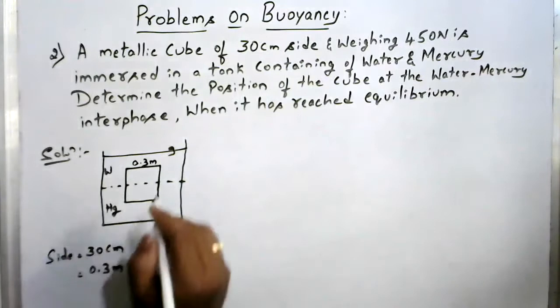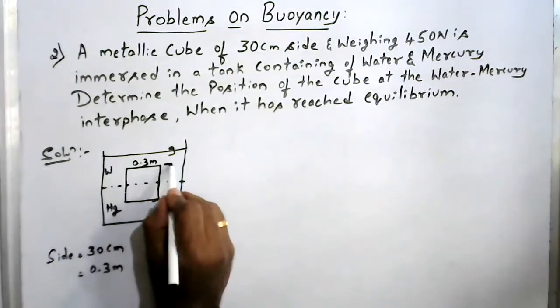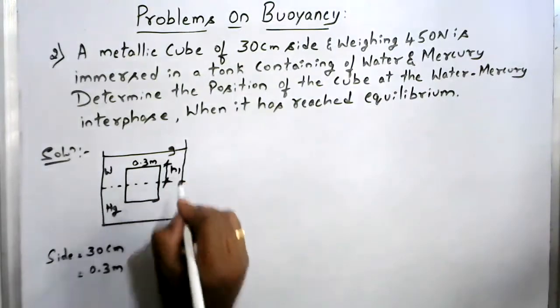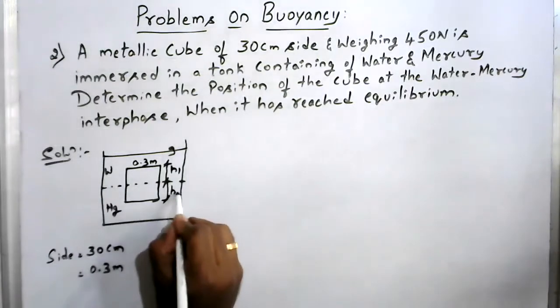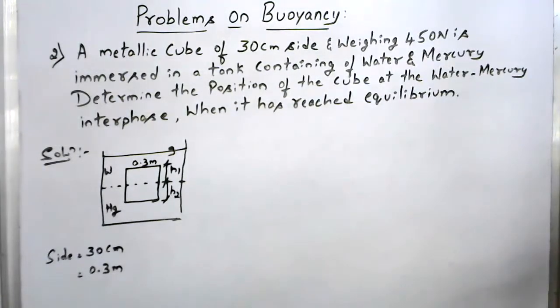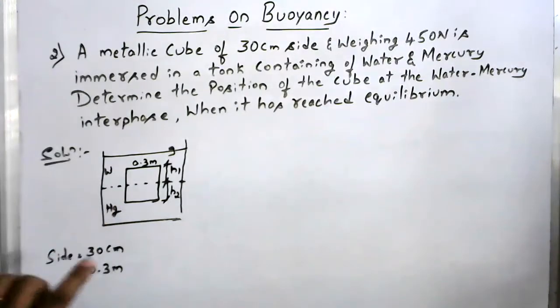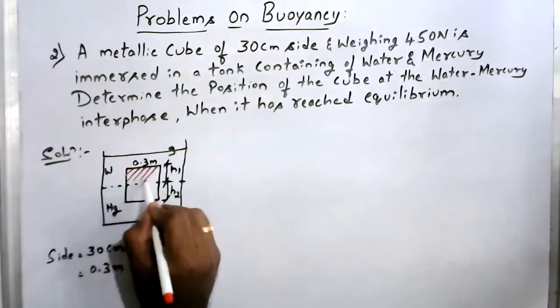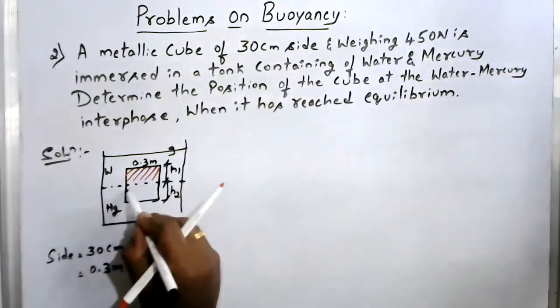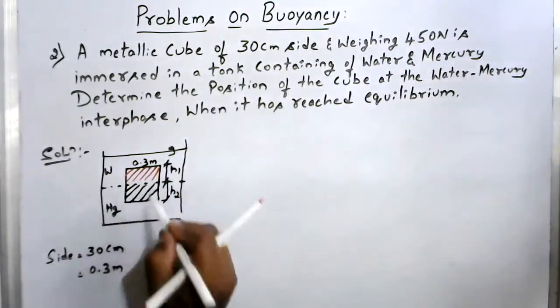Let me take the depth of immersion in the water as H1 and the depth of immersion in the mercury as H2. H1 indicates the depth of the cube in water, H2 indicates the depth of the cube in mercury. Only this volume is in water, the remaining volume is in mercury.